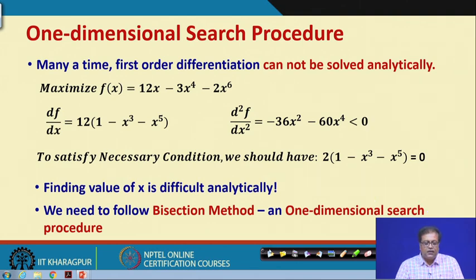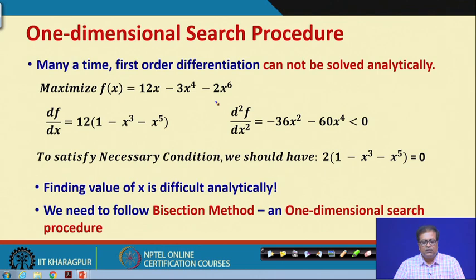But what happens in this problem? Let us see now. Maximize f(x) equal to 12x minus 3x to the power 4 minus 2x to the power 6. So, if we take the first derivative, we see the first derivative is 12 minus 36x cube minus 24x to the power 5, right.